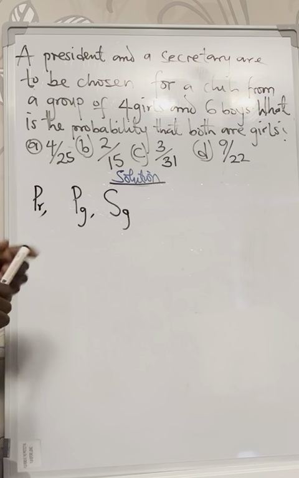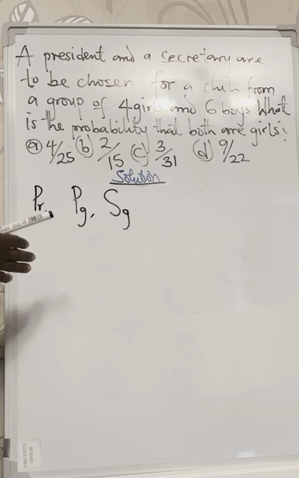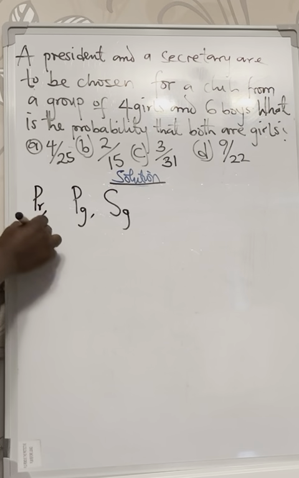Before any other thing, I want you to know that when you are working on probability, you must work out your possible outcome and your required outcome. So let us find out our possible outcome, which is very important here.